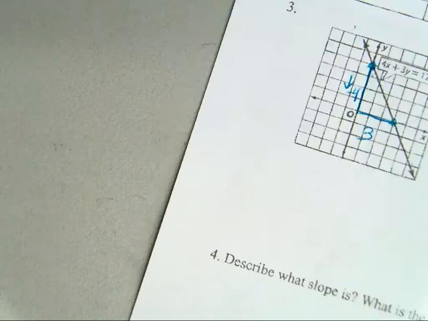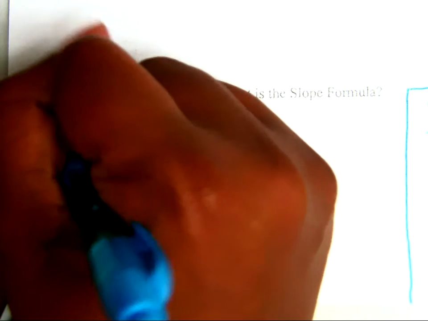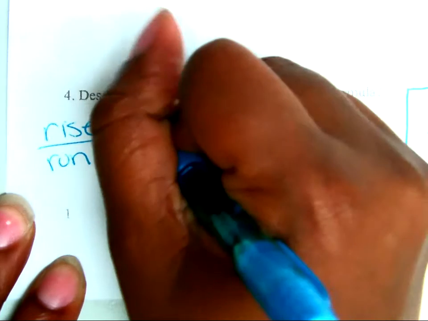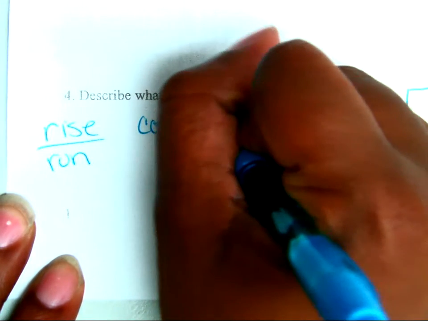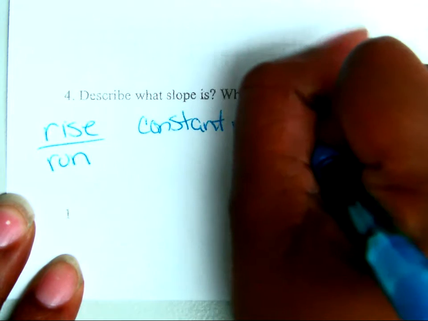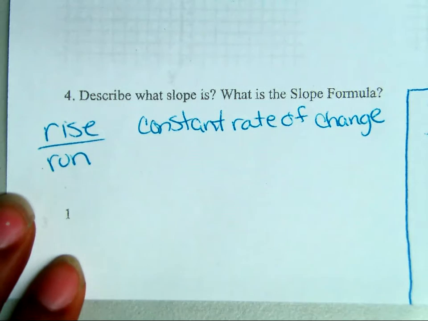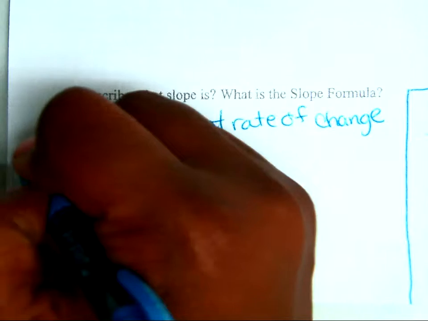Describe what slope is. Slope is rise over run. It's the constant rate of change. Okay? It's the steepness of a line.